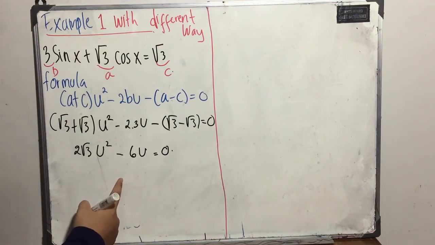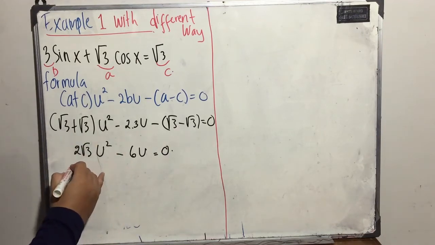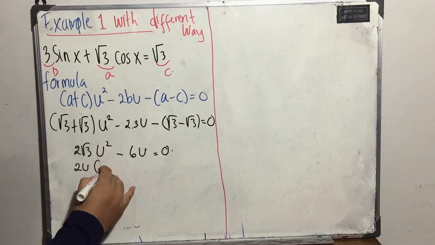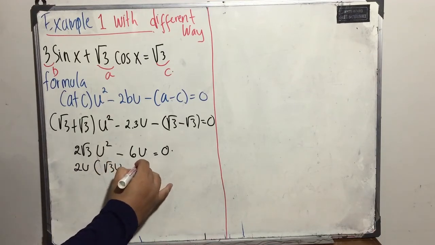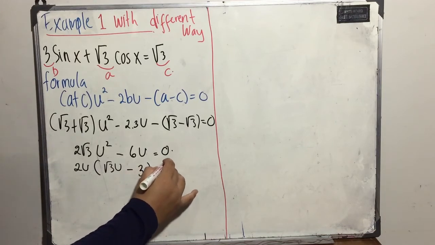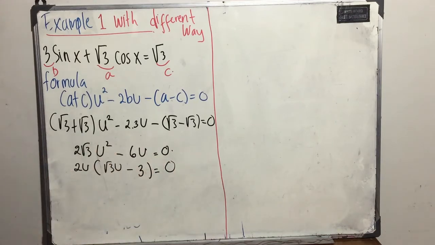From here, we can factorize, everyone. So 2u times (square root of 3 u minus 3) equals 0.